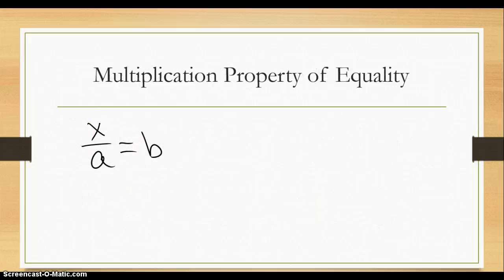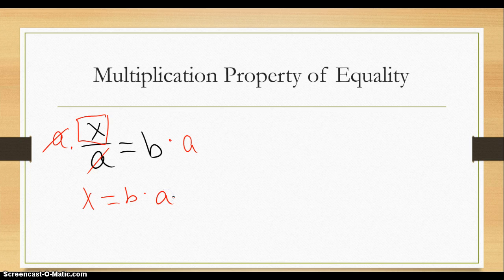Multiplication property of equality. We have x over a equals b. Again, my goal: get x alone. This is division, x divided by a, so I'm going to multiply by a on both sides. That cancels that out, and I multiply b times a, so x equals b times a.